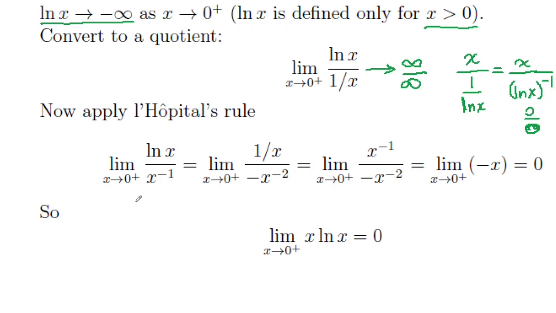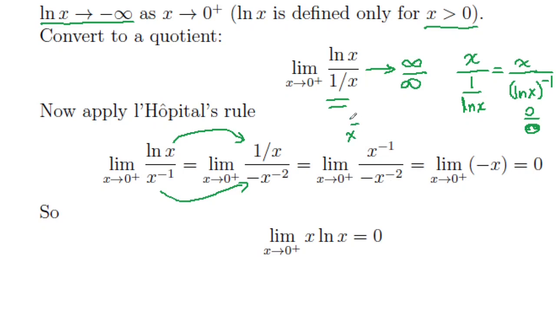Going back to the limit, I write 1 over x as x to the negative 1, and calculate the limit by using L'Hopital's rule. The derivative of natural log is 1 over x. The derivative of x to the minus 1 is minus x to the minus 2. I can write the numerator 1 over x as x to the negative 1, and then it's easier to see how to simplify.